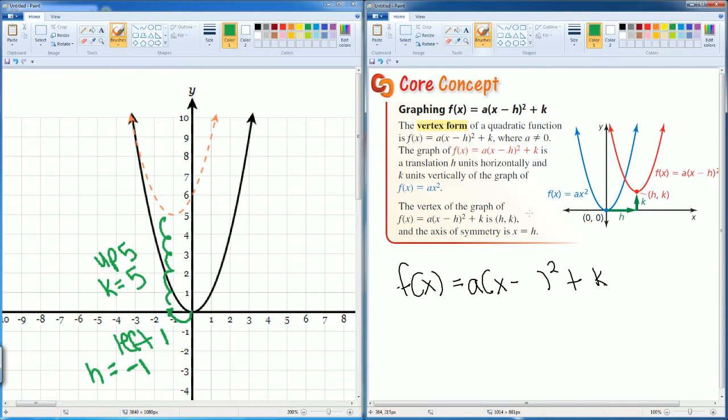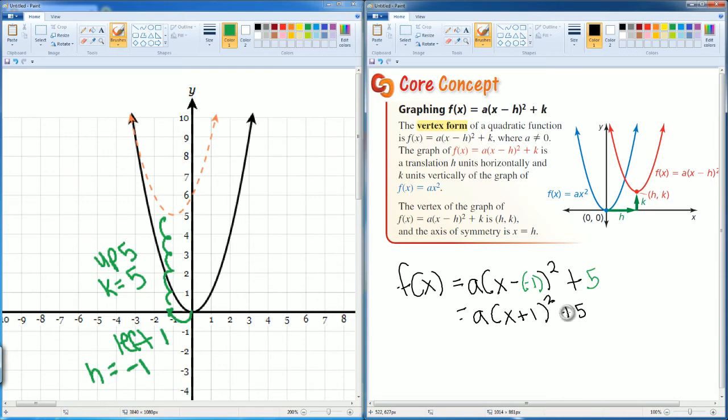So we substitute that in here, -1. Then we also know what k is. The k was 5. We can simplify this. So a(x, a negative times a negative is a positive, 1) squared plus 5.